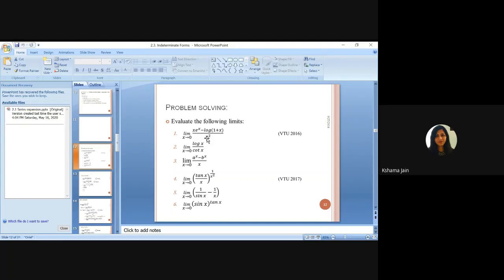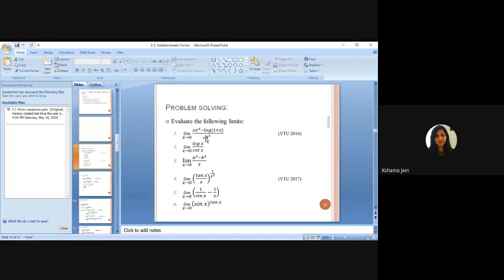If you remember, 0 by 0 is an indeterminate form, because 0 by 0 does not have a finite value. We don't know what comes after 0 by 0. I tell you once, if you do 0 by 1, the answer is 0. But if you do 1 by 0, the answer is not 0, it is infinity.